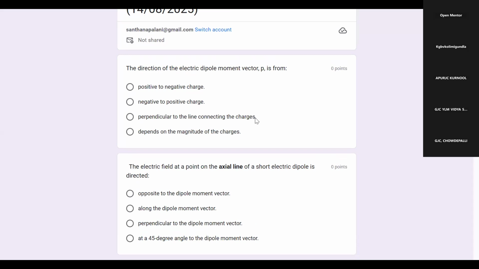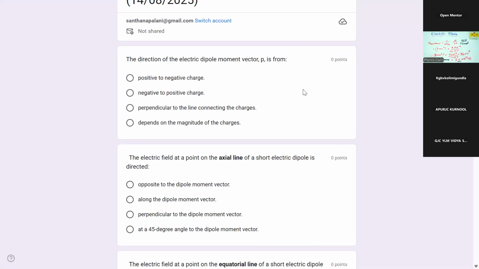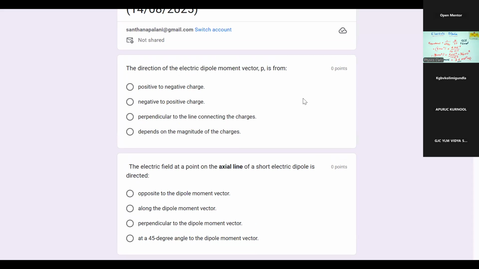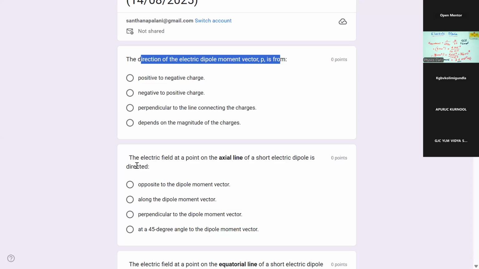So this is the first question: the direction of the electric dipole moment vector P is from where to where?